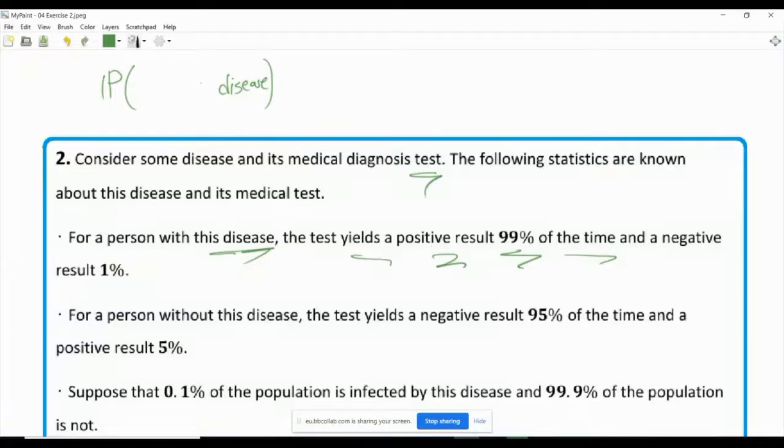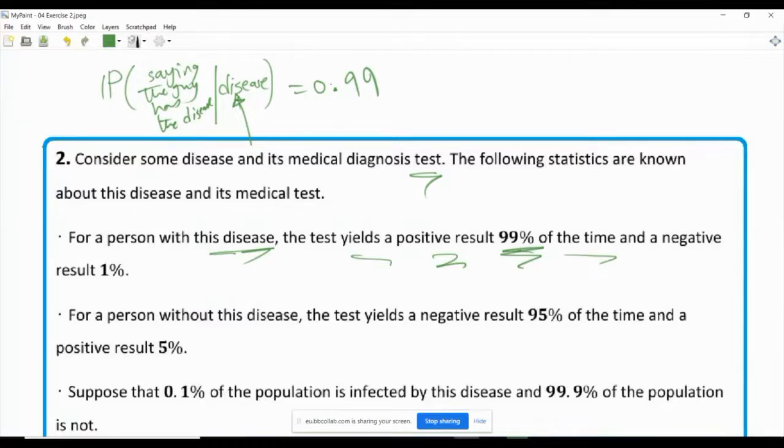And so what we are saying here is that the probability of saying the guy has the disease, this is the probability that the test will give you a positive result, given that the guy actually has the disease. So again, if we are trying to study some disease caused by some virus, and the guy has the virus, the probability that we say that the guy has the virus will be 0.99.